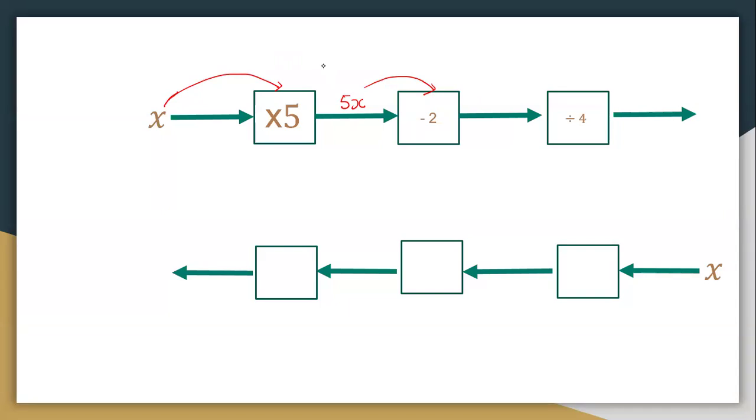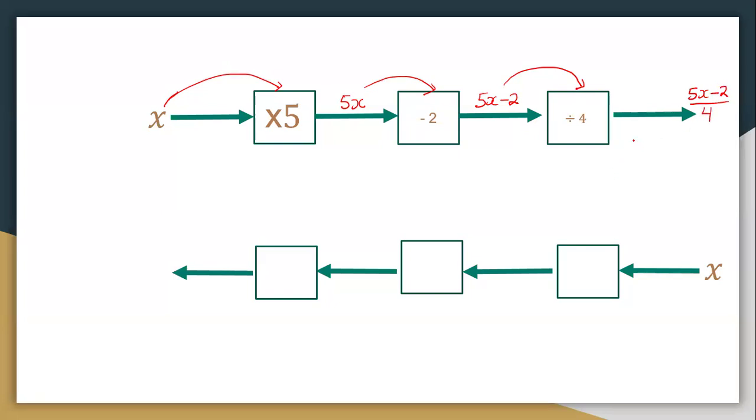Members are saying it is going to be 5x minus 2. Then still we continue to enter. Very good. So the last one, we shall have 5x minus 2 divided by 4.